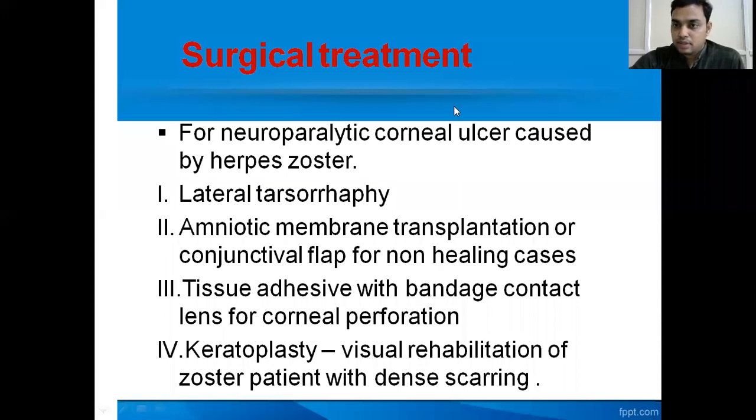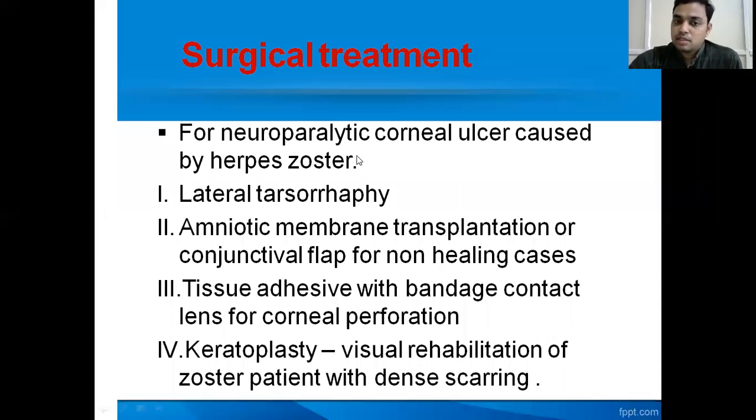Basically, there are 3 phases: acute phase, chronic phase, and relapsing phase. Acute phase lasts for 2 to 3 weeks, chronic phase for 10 years, and relapsing phase for more than 10 years. It is neurotropic in nature, where nerves are damaged. The characteristic lesion we see in the acute phase is pseudodendrites, which is different from the dendritic ulcer of herpes simplex virus infection.